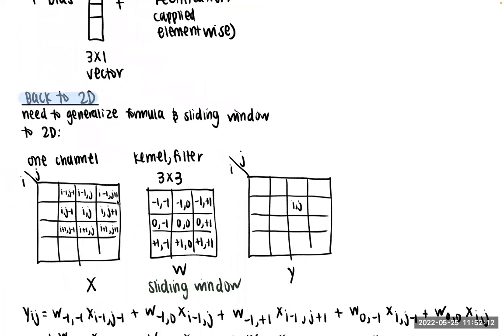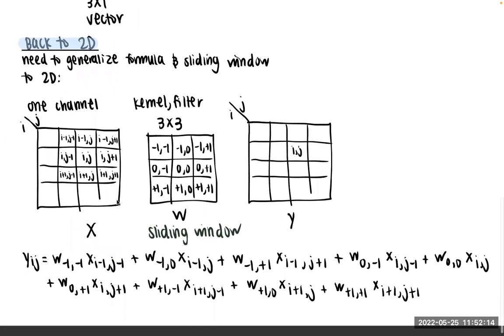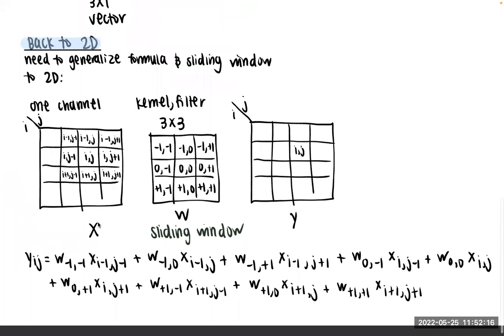So again, let's start from the one channel situation. Suppose this is our X. Now X is a two-dimensional map, and then we have Y, and X and Y are again of the same shape, same size. But this time we have i, j to index the pixel or position.